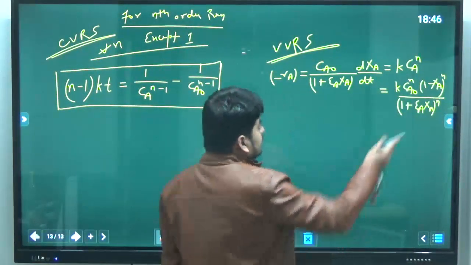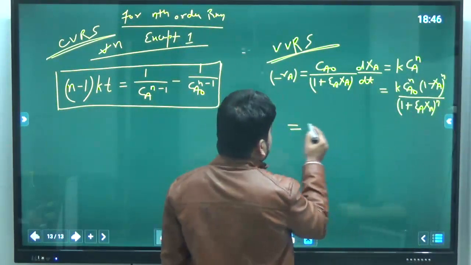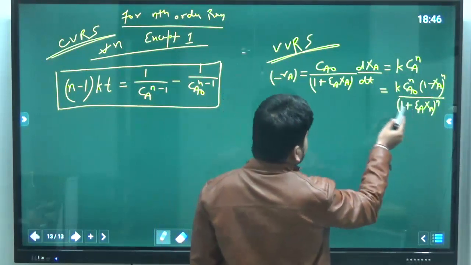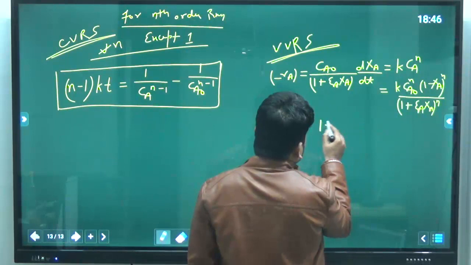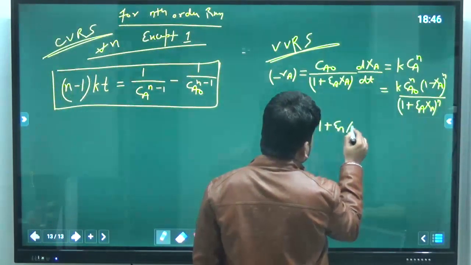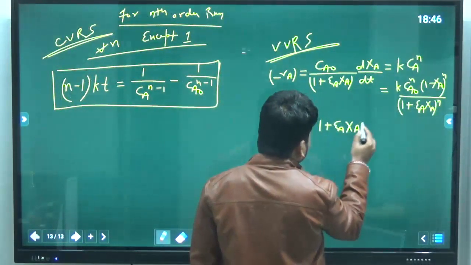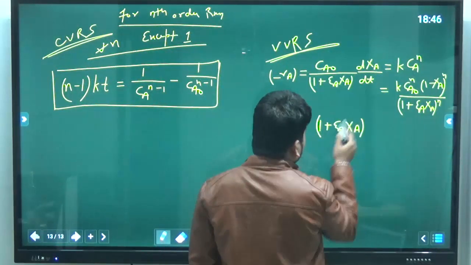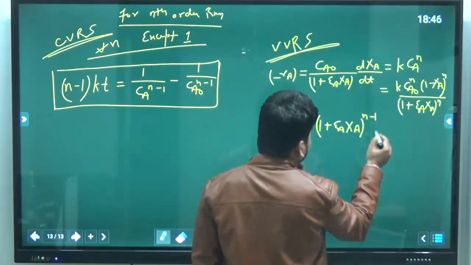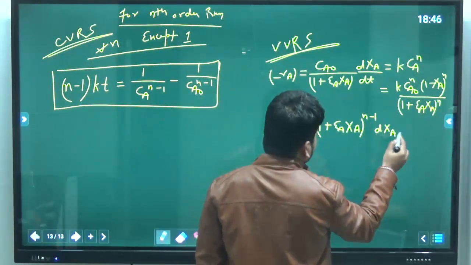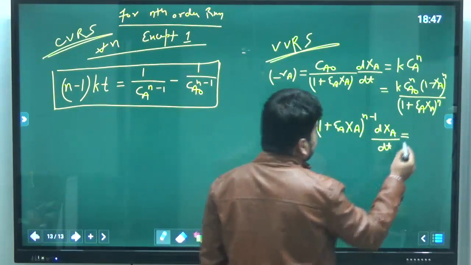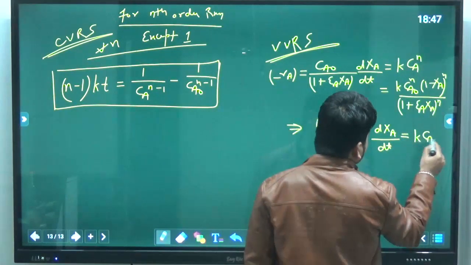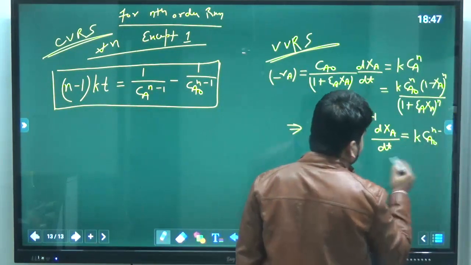Okay, so if you see, it will become 1 plus epsilon A xa power n upon this n minus 1 into dxa upon dt is equal to k Ca naught power n minus 1.